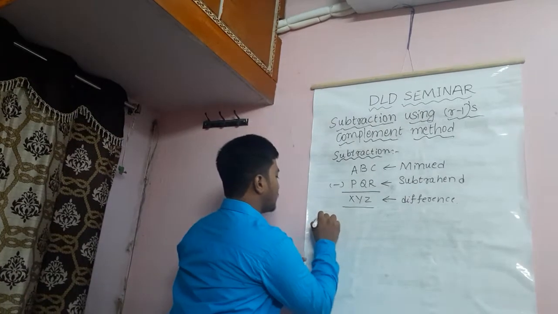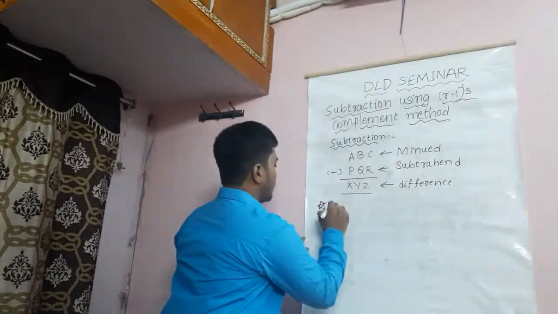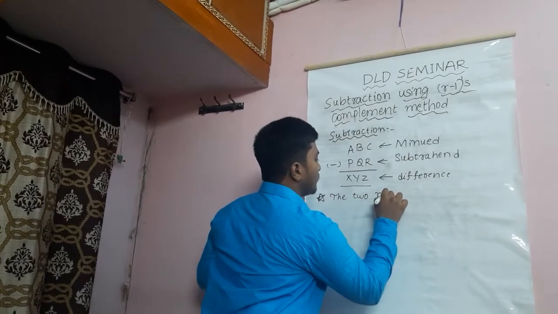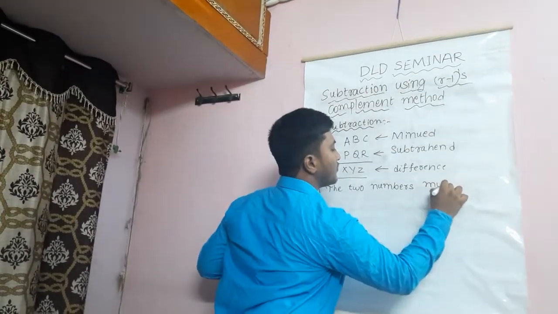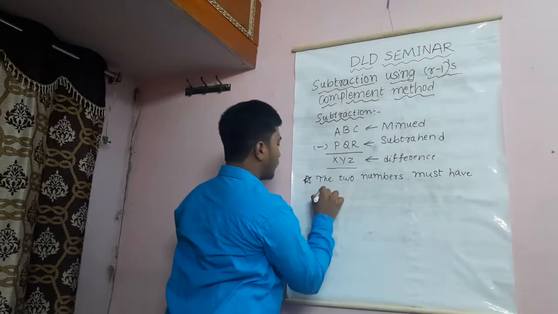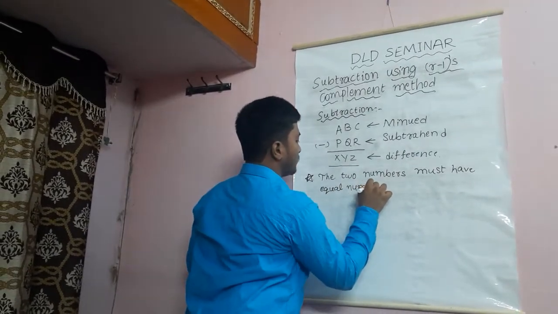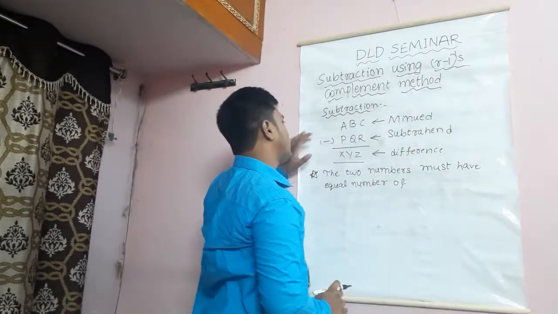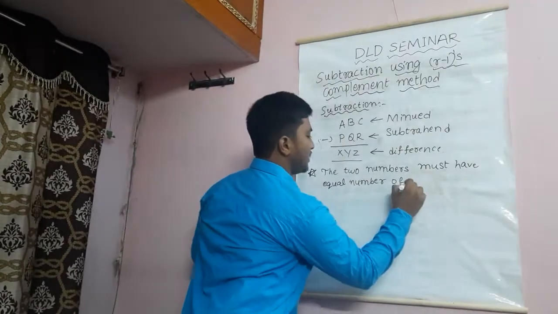Now the basic rule we should remember while performing the subtraction is that the two numbers must have an equal number of digits. The two numbers which are involved in the subtraction, that is the first number minuend and the subtrahend, should have an equal number of digits.